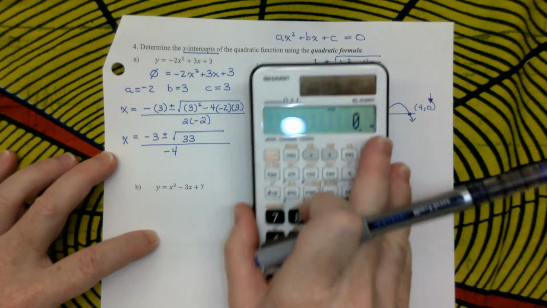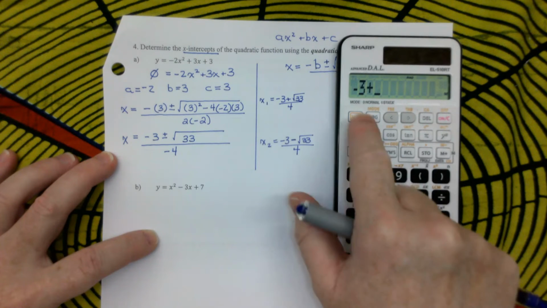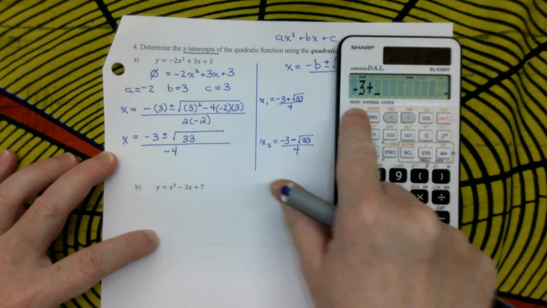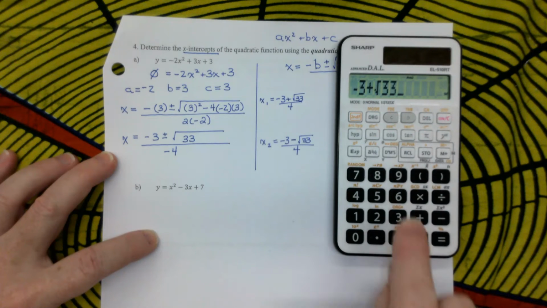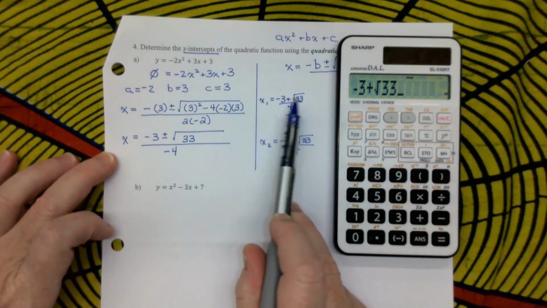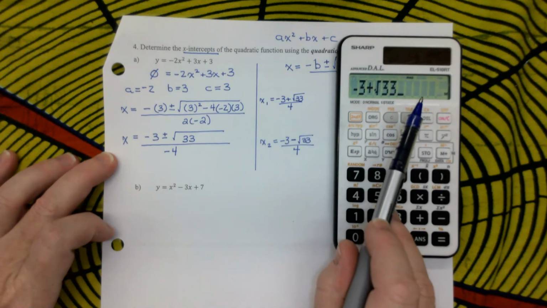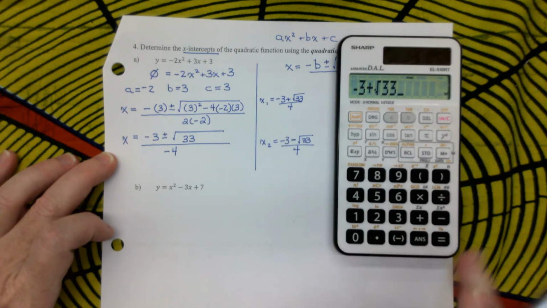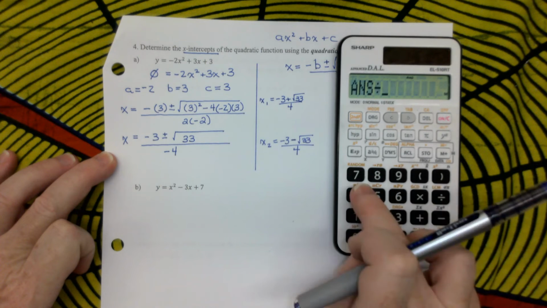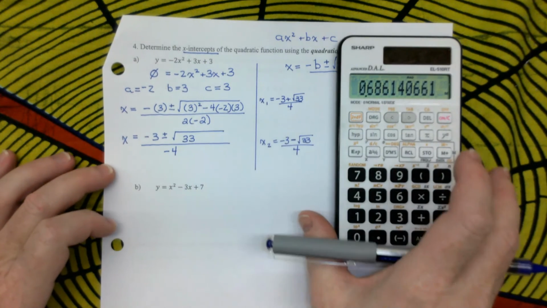So if I take what I've just done, I have negative 3 plus, to get the square root, I hit second pi, 33. Now I have to hit equals here because this whole thing is being divided by 4. So I can't just do a divided by 4 now because it would follow BEDMAS rules and it would only divide the square root of 33 by 4. So I'm going to hit enter and then divide by 4, and you'll notice that I get 0.6861.